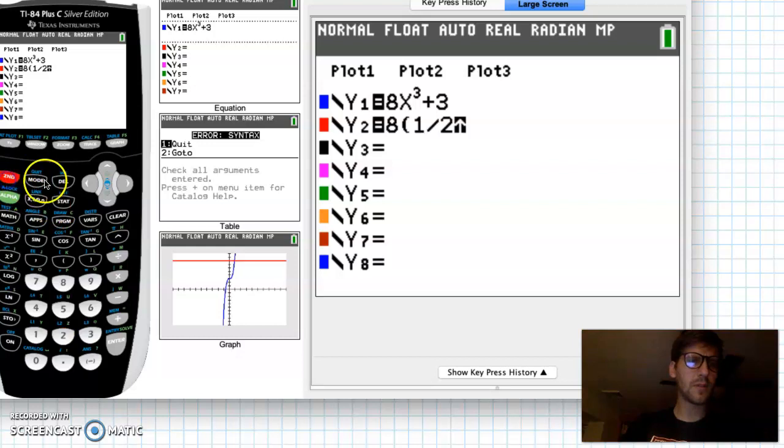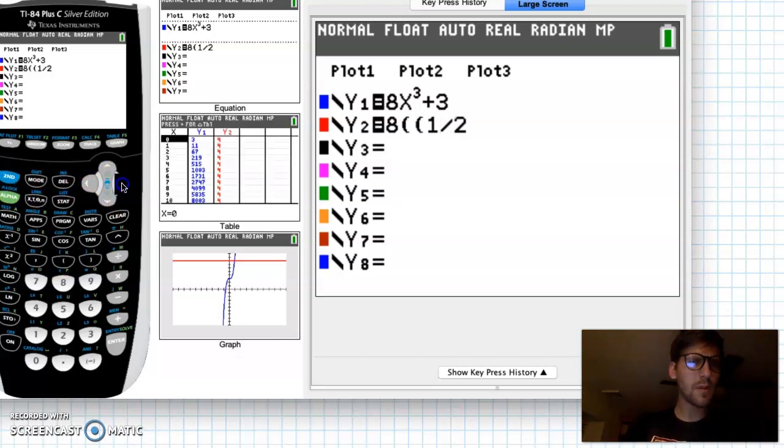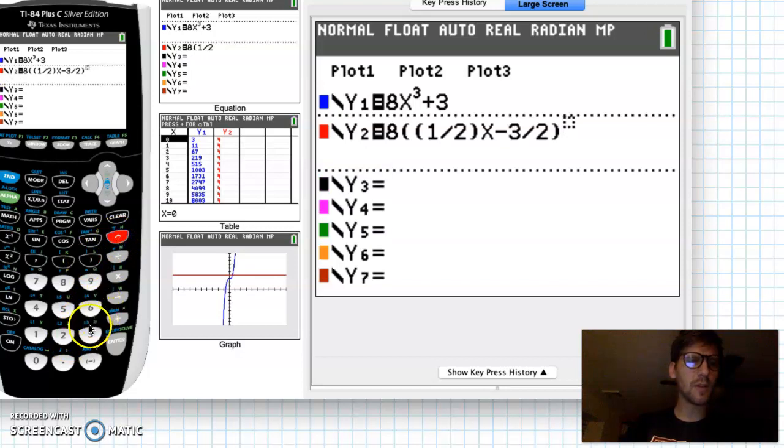This is always tough. I like to put in parentheses around the 1/2. I know some of your calculators might do it automatically. I don't know why mine's not doing it. I believe we have minus 3/2. That's PEMDAS, so I don't need to the third.